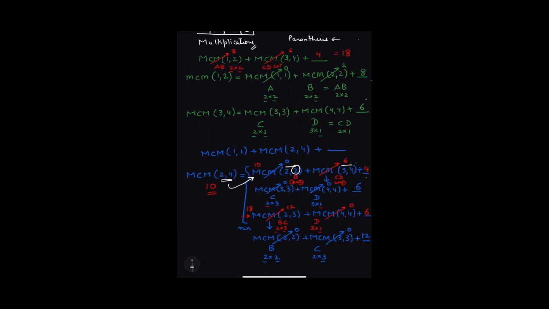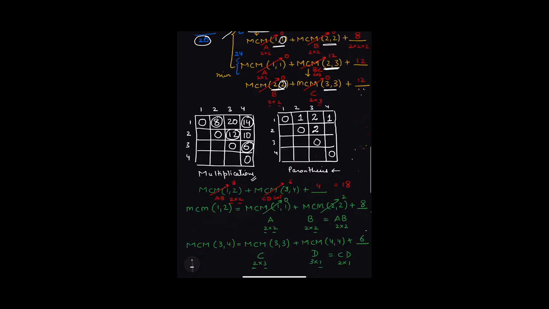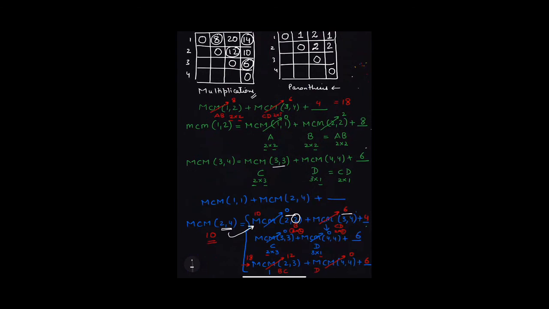So we are going to put the value of 2 in our table over here. Next, we have to find the value of 3 comma 4. For 3 comma 4, we were using the matrices 3 comma 3 and 4 comma 4. We are going to pick this value 3 and put it over here.